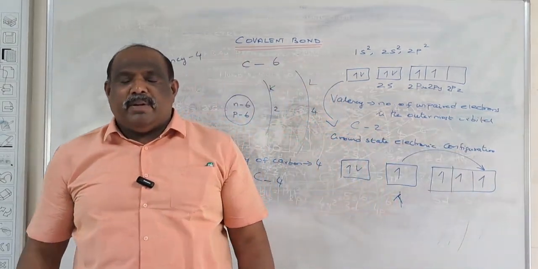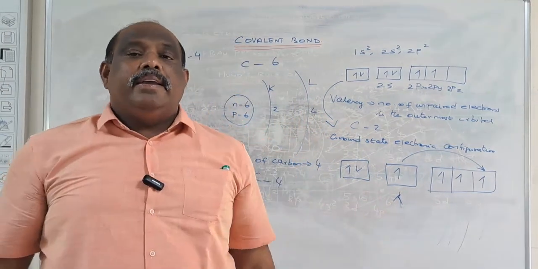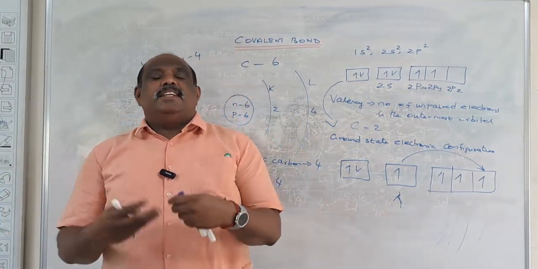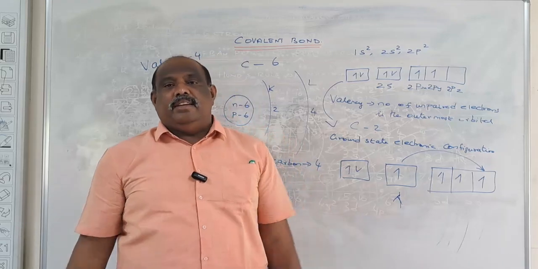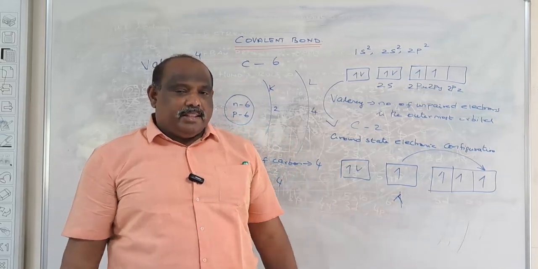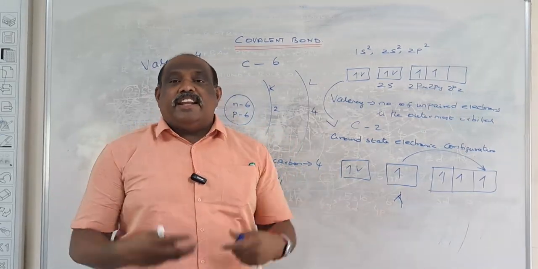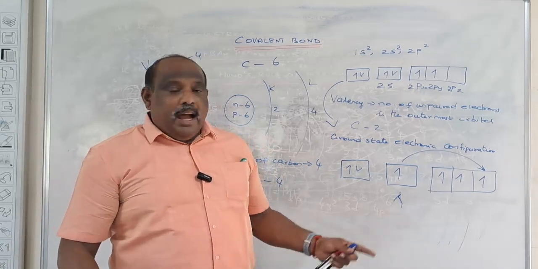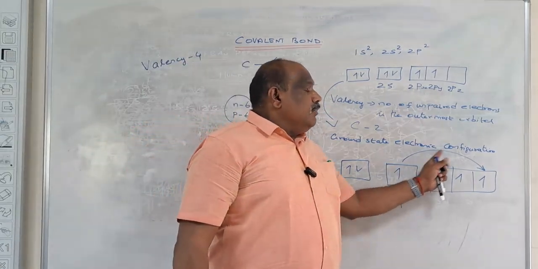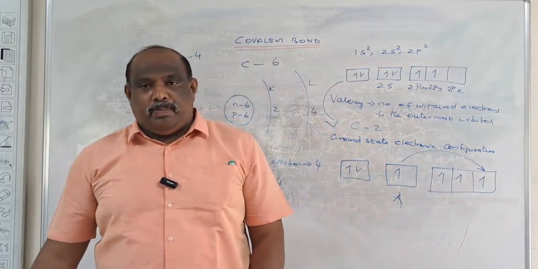Whenever carbon undergoes a chemical reaction, just like the kids got enthusiasm going on an excursion, the 2s electron gets energy from the other elements, and one of the electrons from the 2s orbital is promoted to the 2p orbital.